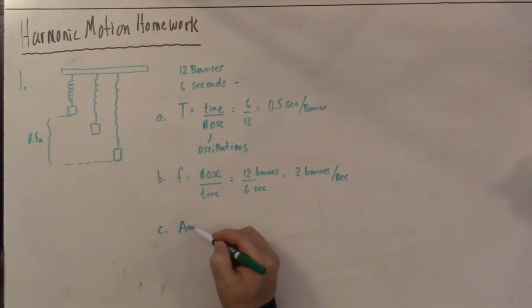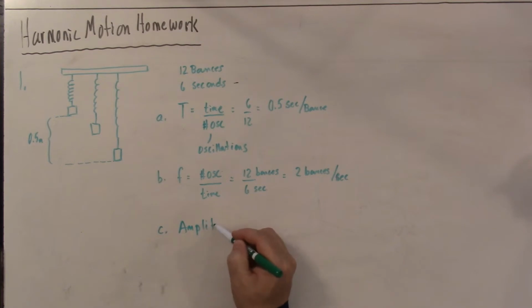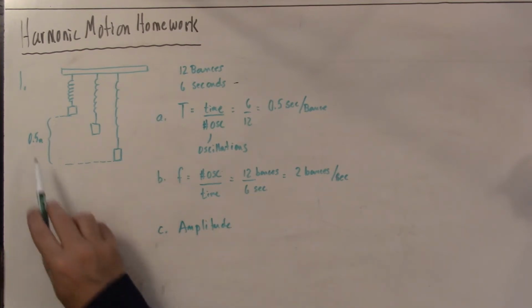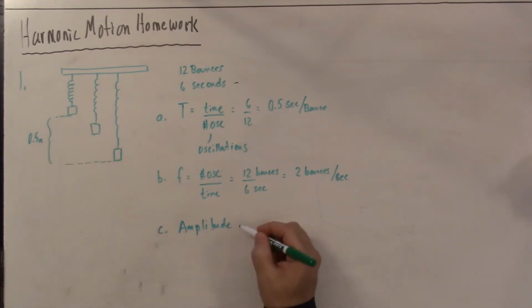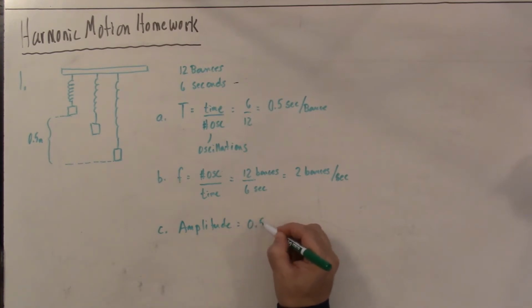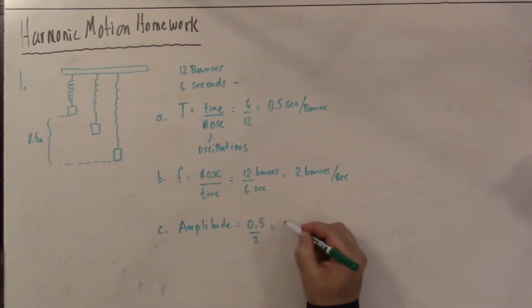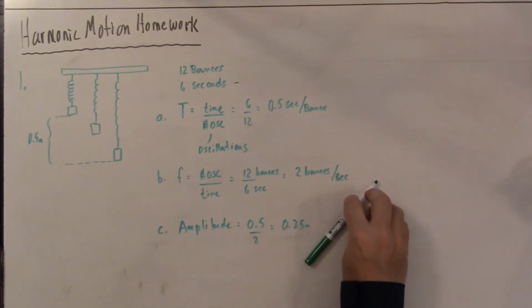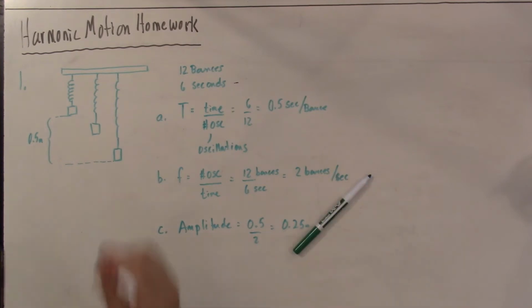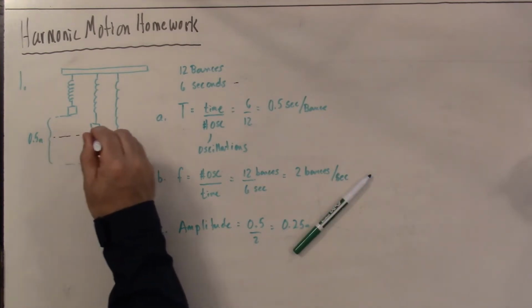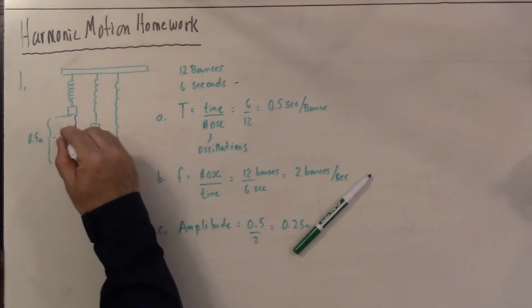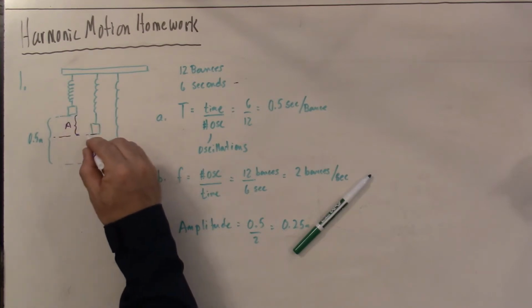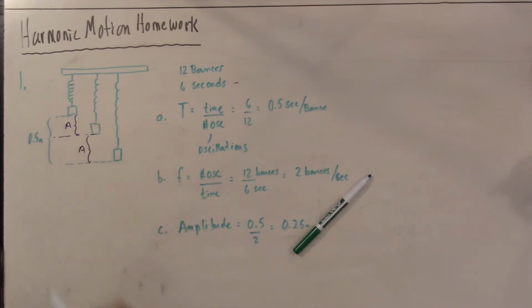So we take the distance from the top to the bottom, and you divide by 2, and we have 0.25 meters. The amplitude could also be calculated if you knew the distance from the middle to the top or the distance from the middle to the bottom. Those would both be your amplitudes.